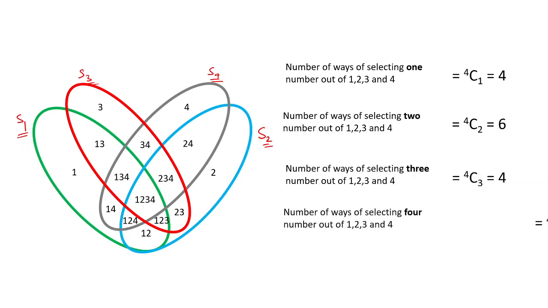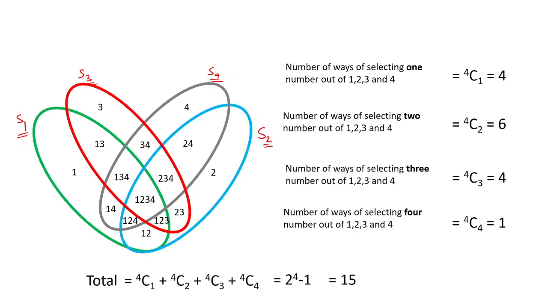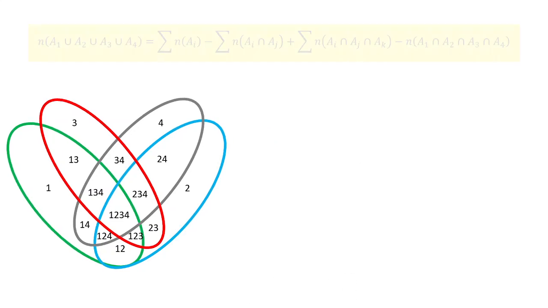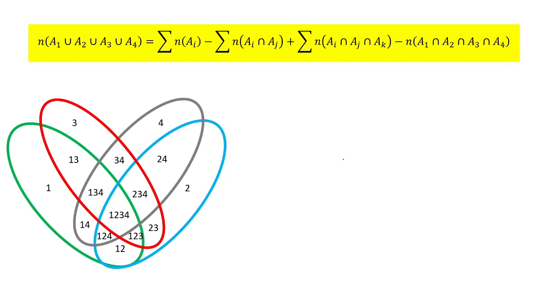And finally you have that area 1, 2, 3, 4, which is also there, and you sum it up, and that would be 15. Fine. So what we are going to verify here is that if you have to find out the number of elements in the union of all these 4 sets, our previous formula extrapolates to this.